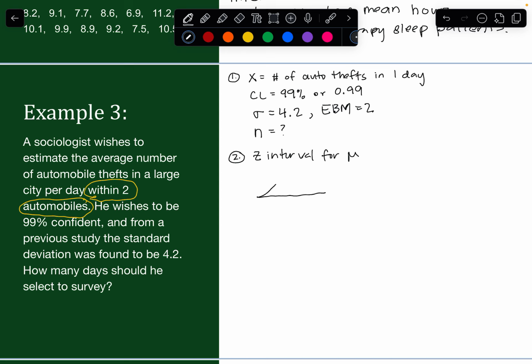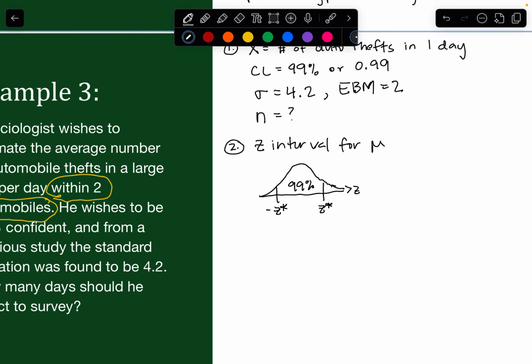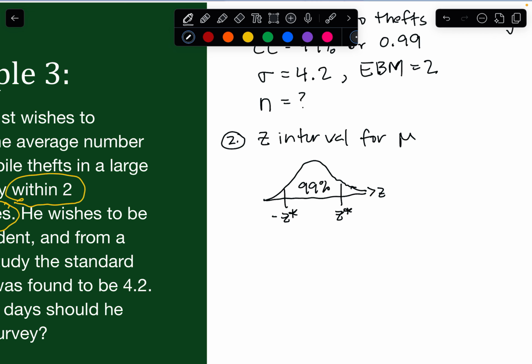I build my Z distribution, I mark the middle 99%, minus Z star, plus Z star. I know if 99 is in the middle, that's 1% for the tails, which means that's 0.5% for each tail.